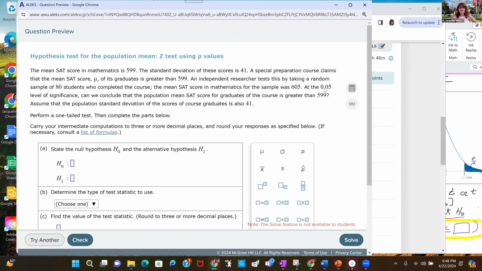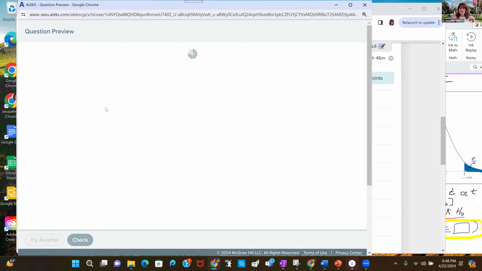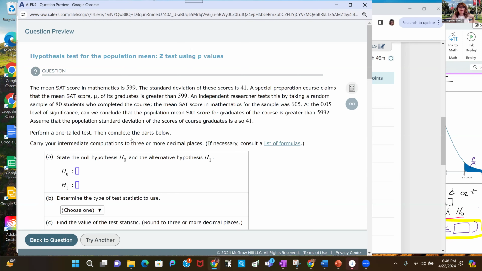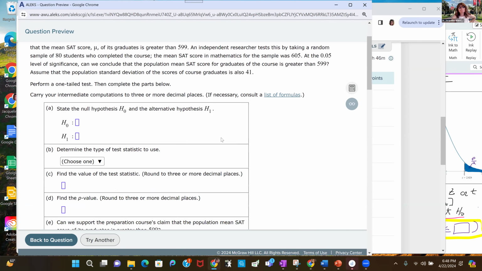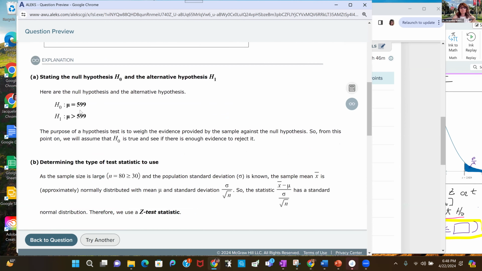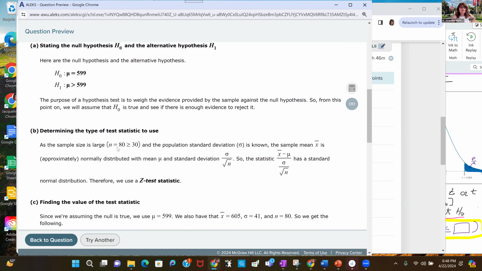Can they claim at the 5% level of significance that the mean is greater than 599? Okay, so that's a one-tailed test. The null is that it is equal to 599, and the alternative is that it's greater. You have a big sample size, and we know sigma, so you can use Z.